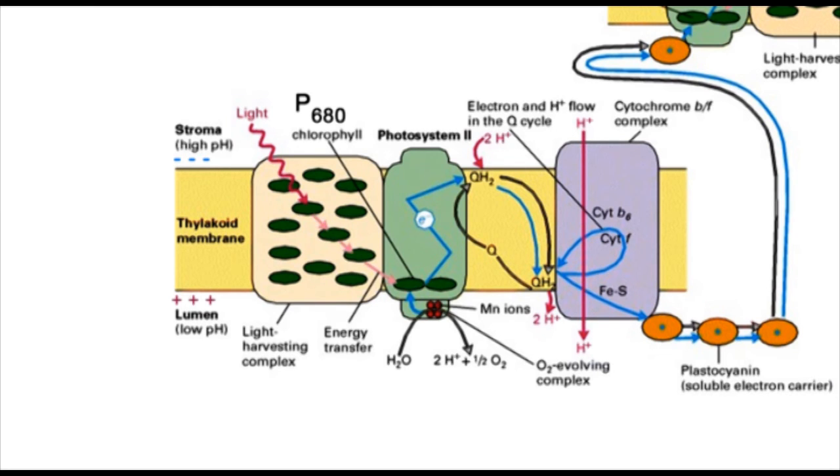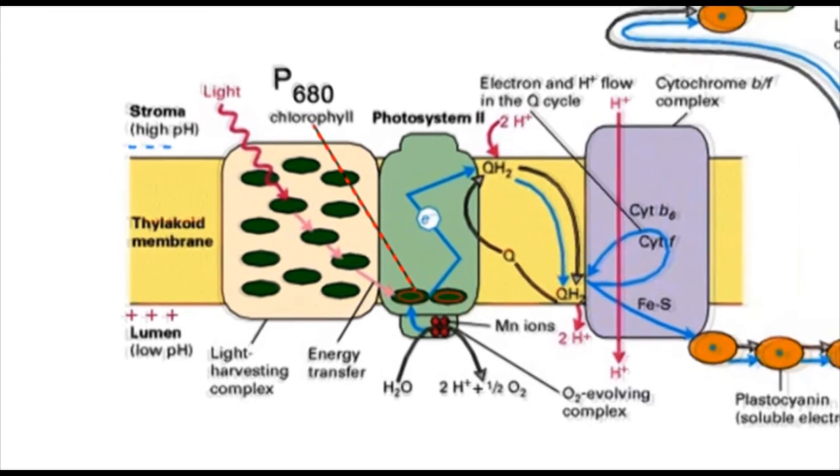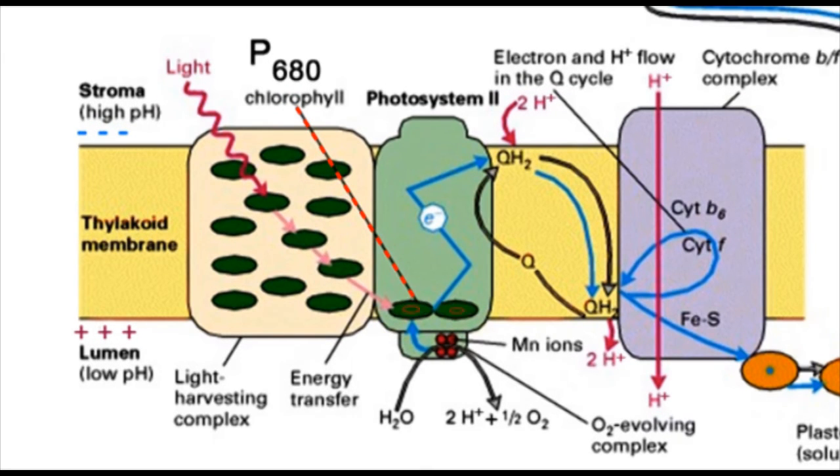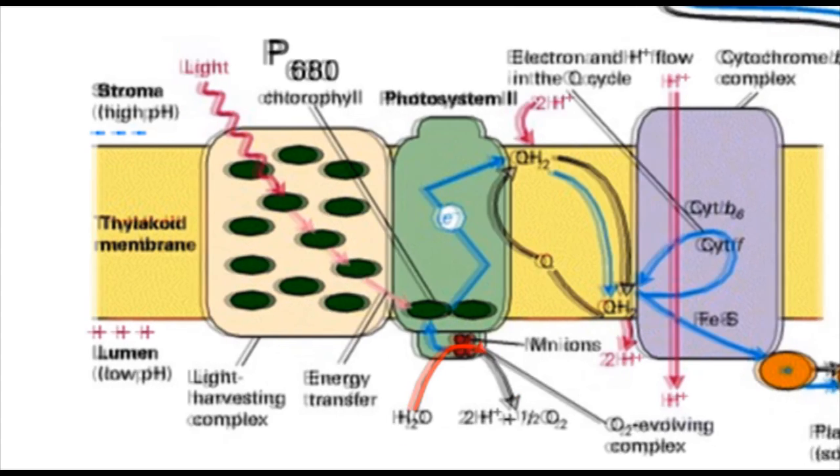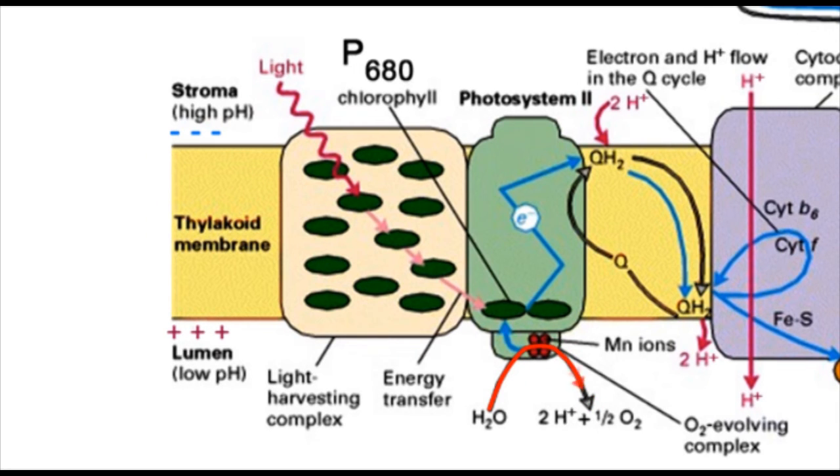The resultant positive charge on P680 strips electrons from the highly unwilling donor, water, forming molecular oxygen and protons. These protons remain in the thylakoid lumen and contribute to the proton motive force.